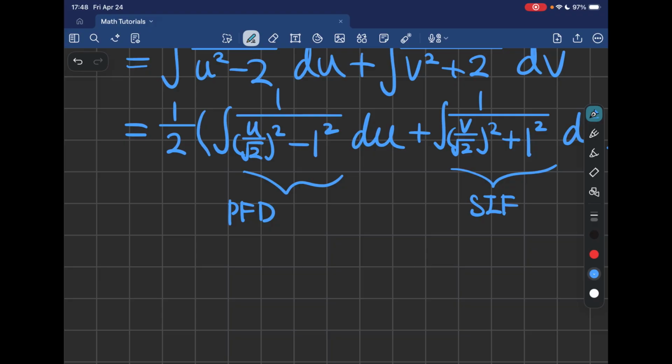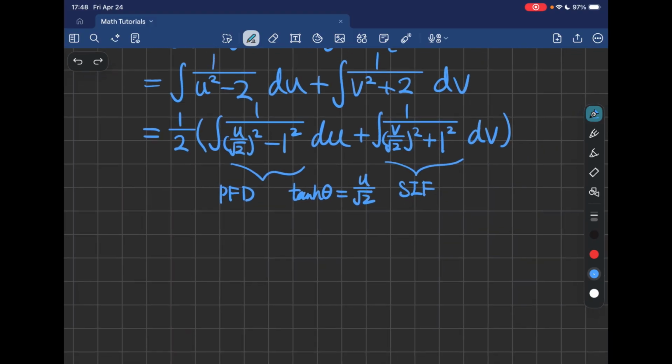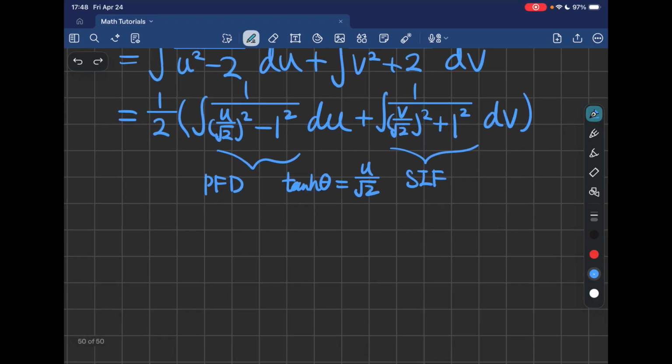However, IB doesn't require hyperbolic tangent, called tanh, so you don't really have to use it. If you set tanh theta to u over square root of 2, you can solve it by yourself if you want, but I won't be using this method here. So let's just continue.